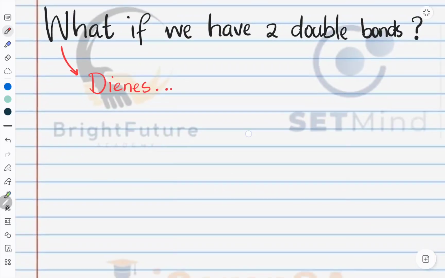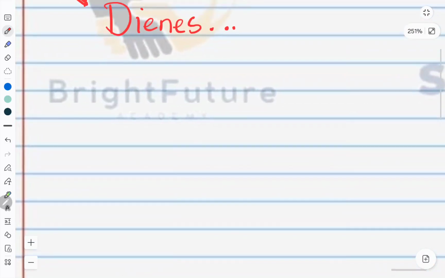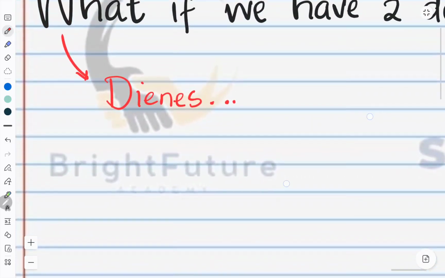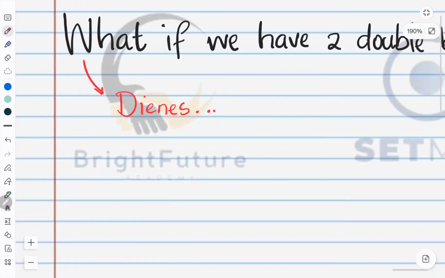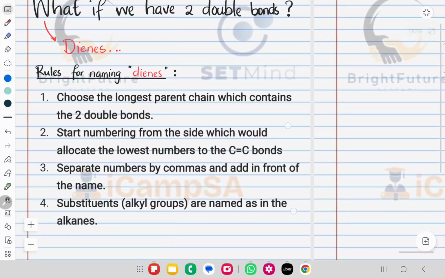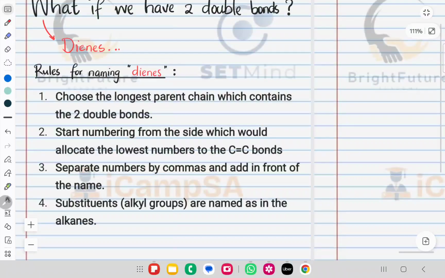So rules for naming dienes are as follows. Same thing as we have been doing. All right, so these are the rules for naming these dienes. So basically a diene, if you see that in your carbon or parent chain, or the main chain rather, that you have two double bonds that are present there, that's automatically a diene.